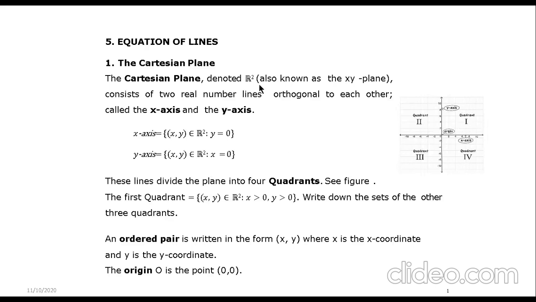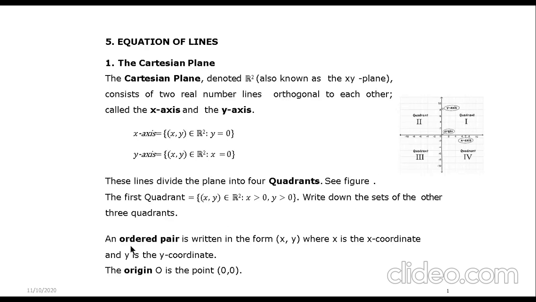The Cartesian plane is also known as the xy plane. On the x-axis, the y value is 0, and for any point on the y-axis, the x value is 0.